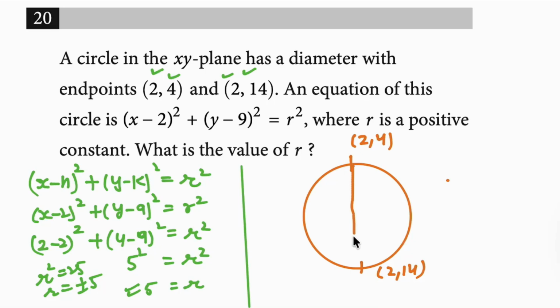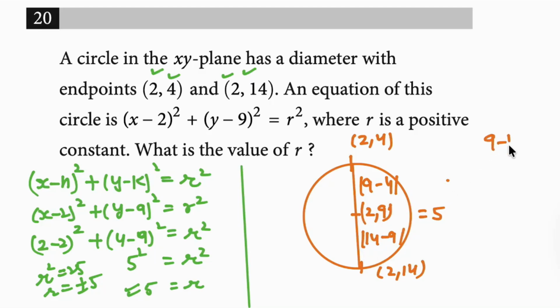And let's say this one is the diameter, and the center is (2, 9). So if x is the same, then 9 minus 4 or 14 minus 9, the absolute value, is going to be the radius, which is 5, because x is not changing, so the difference of y values will be the value of the radius.